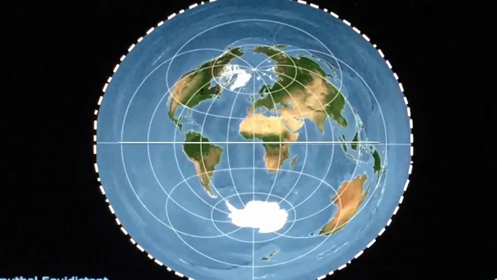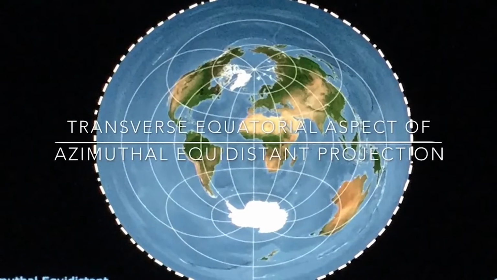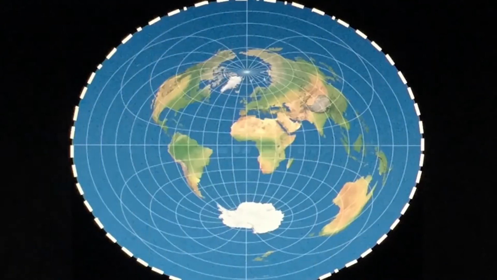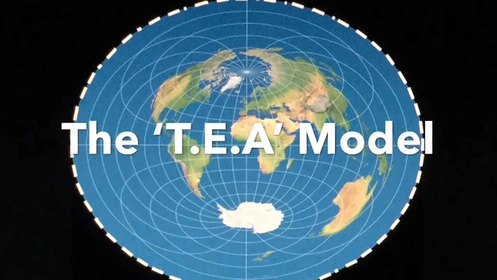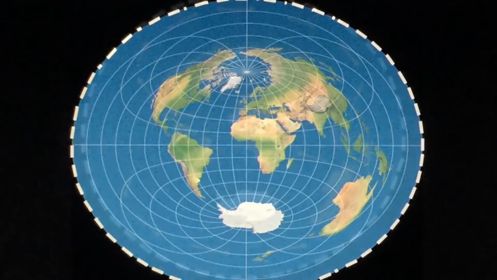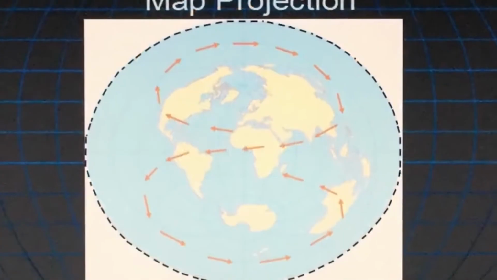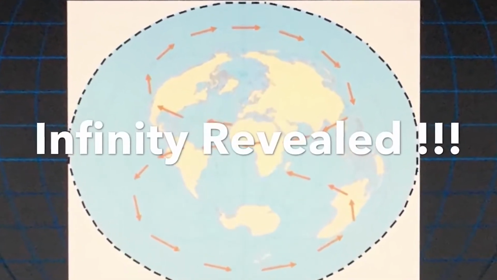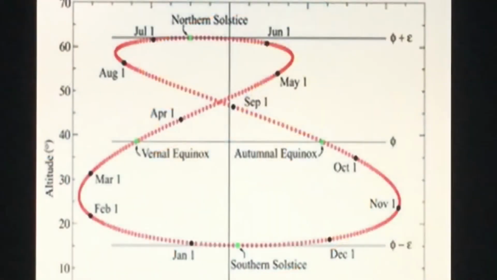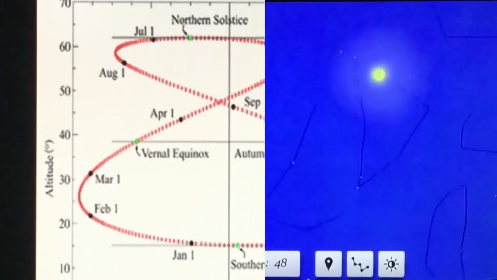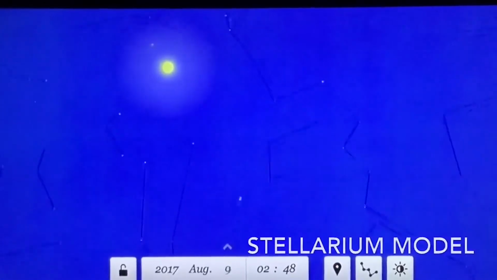Today, the last couple videos I've been tinkering around with an entirely new flat earth model based on the transverse equatorial aspect of the azimuthal equidistant projection, or what I just call the T model for short, simply because it allows us to perfectly match all seasonal sun angles, paths, and positions never before possible in previous flat earth incarnations, and because it unexpectedly yielded a figure-8 path completed by the sun each year, as fully evidenced by repeated analemma patterns that faithfully depict the sun's vertical path north and south of the celestial equator as it performs its annual dance of declination, beautifully demonstrated by astronomy software such as Stellarium as well.